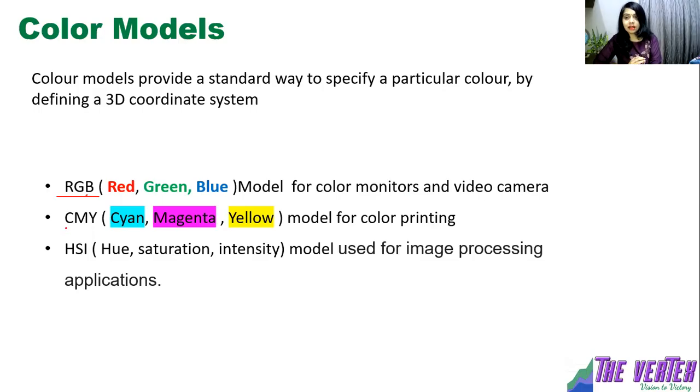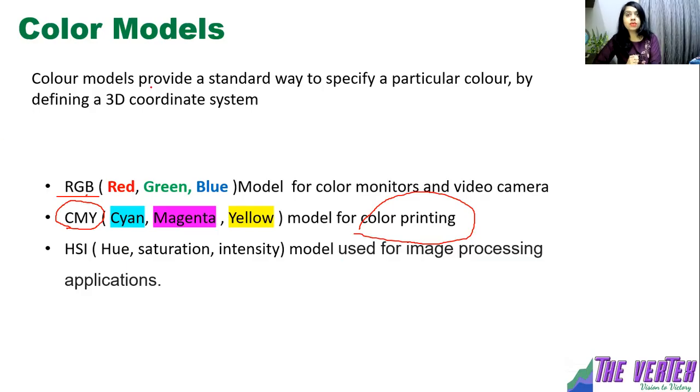Then the second color model is CMY, which stands for cyan, magenta and yellow. This color model is used for color printing. And next is HSI, that is hue, saturation and intensity color model. This color model is used in various applications of image processing.